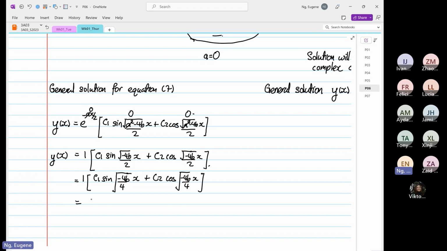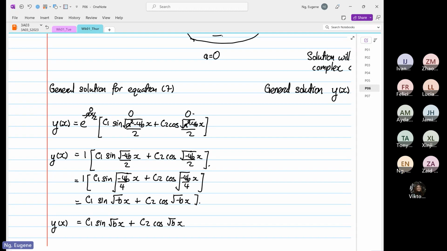So what we have is C1 sine, 4 divided by 4 is 1, square root of minus bx, plus C2 cos of the square root of minus bx. And we already know that it's under complex conjugate roots, so we can write y as a function of x equals C1 sine of the square root of b x plus C2 cos of the square root of b x.